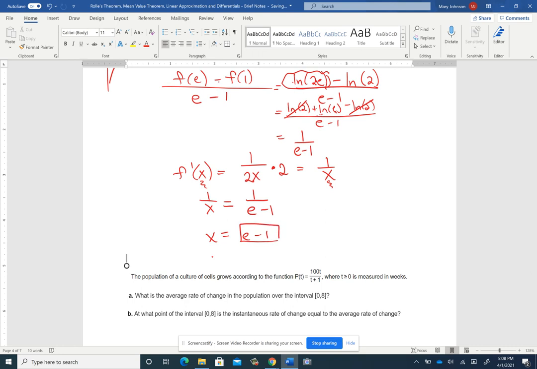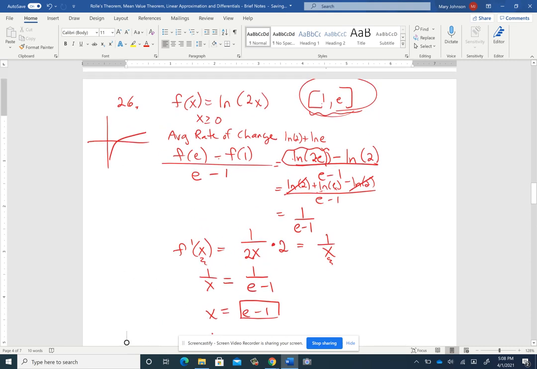Now I should make sure you realize that that's actually between 1 and e. You could do e minus 1 on your calculator to get a decimal approximation. They're going to want e minus 1 on the computer. But you can do e to the first power if you don't have just an e button, and then subtract 1.